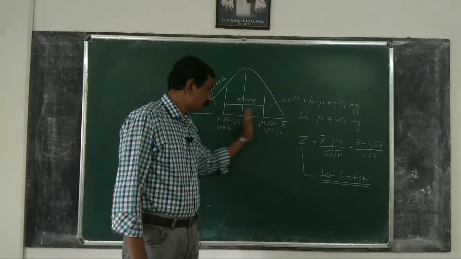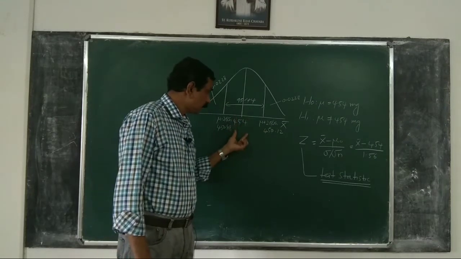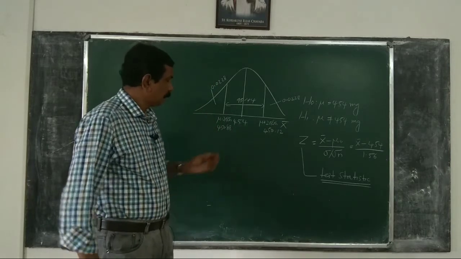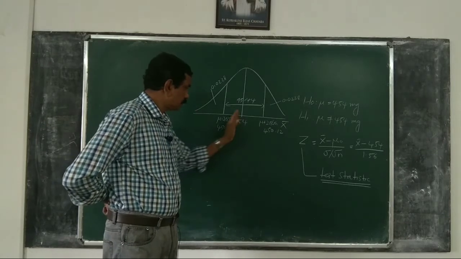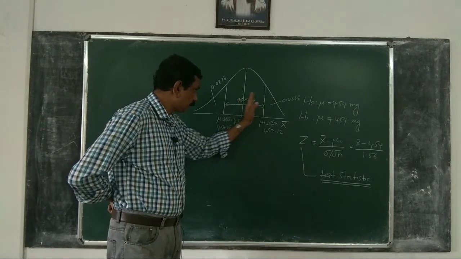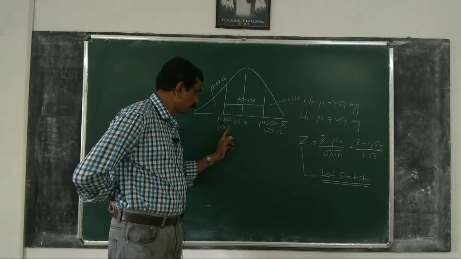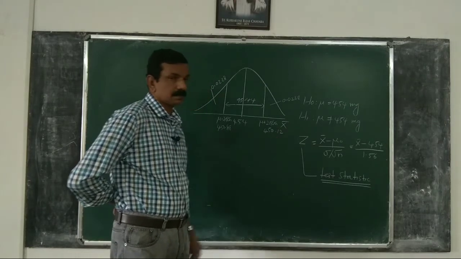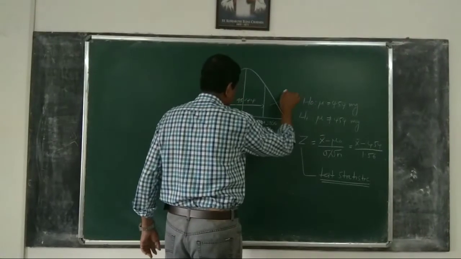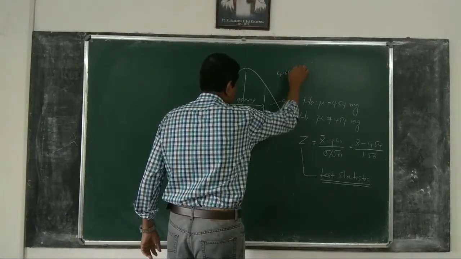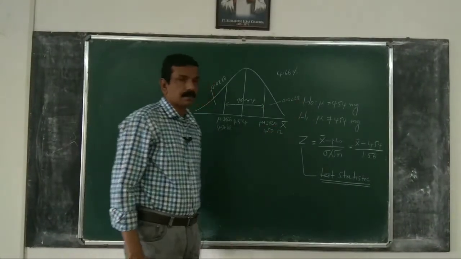This distribution is based on the assumption that mu is equal to 454. And if mean of x bar is 454, then 95.44% of x bar lie between 450.88 and 457.12. Only 0.0228 plus 0.0228, that is 4.56% of x bar lie beyond these points.